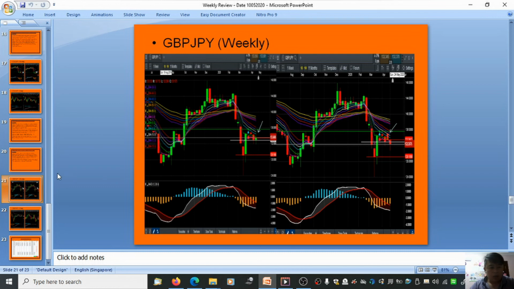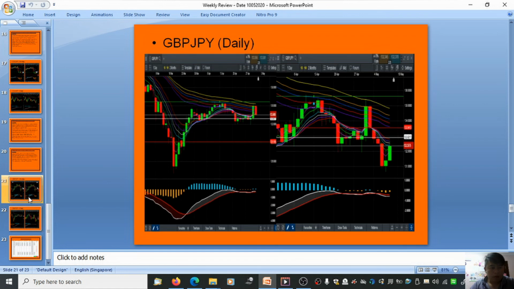The daily MACD, you can see here is in the negative lower region and turning up, and the green candlestick is still within the big body candlestick, but it hasn't confirmed yet whether it goes uptrend or not.